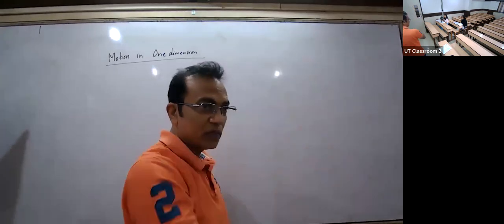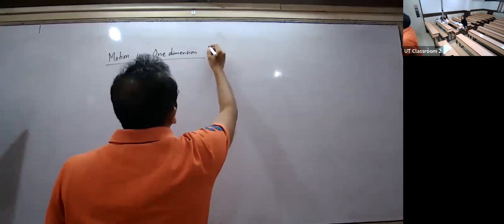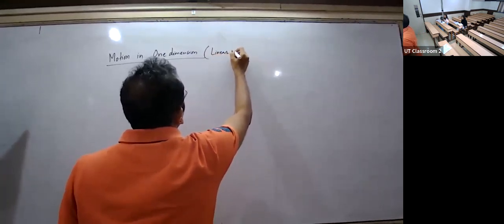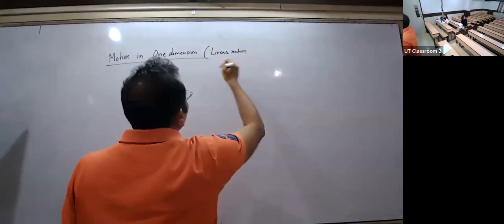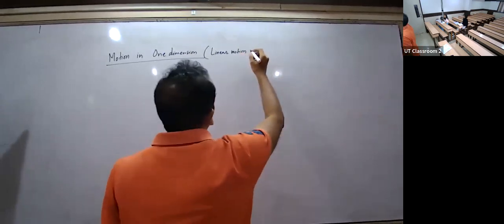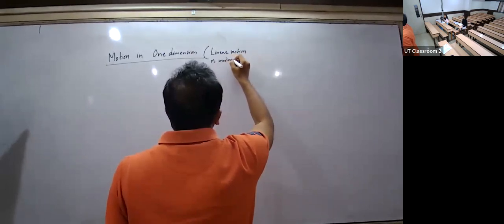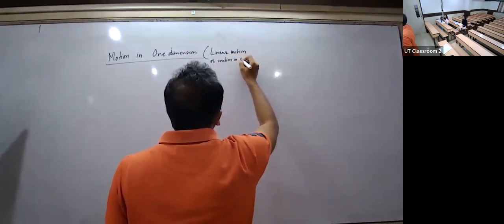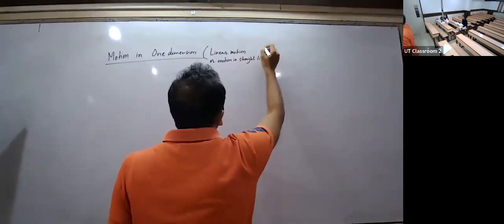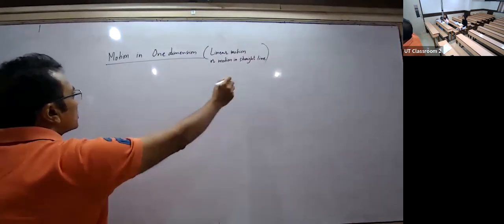These are all one dimension. So that is linear motion, motion in a straight line. So is it clear? One dimension is motion in a straight line.